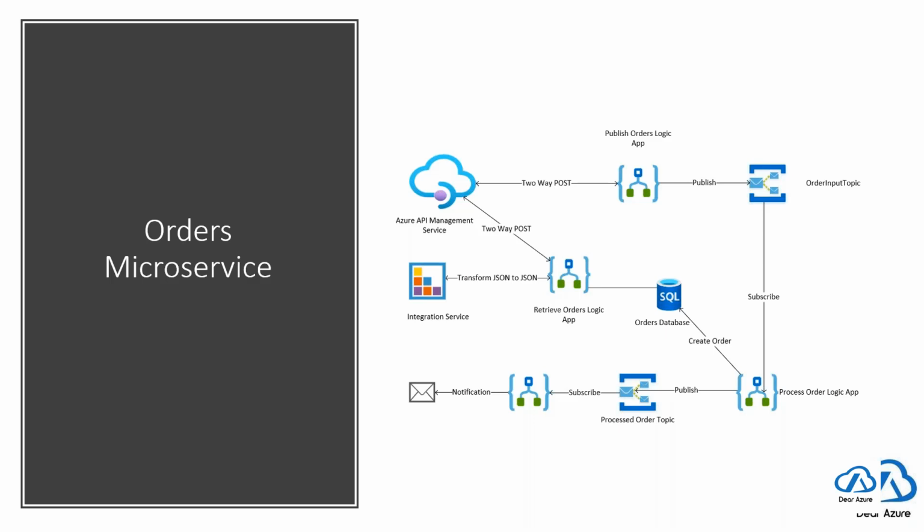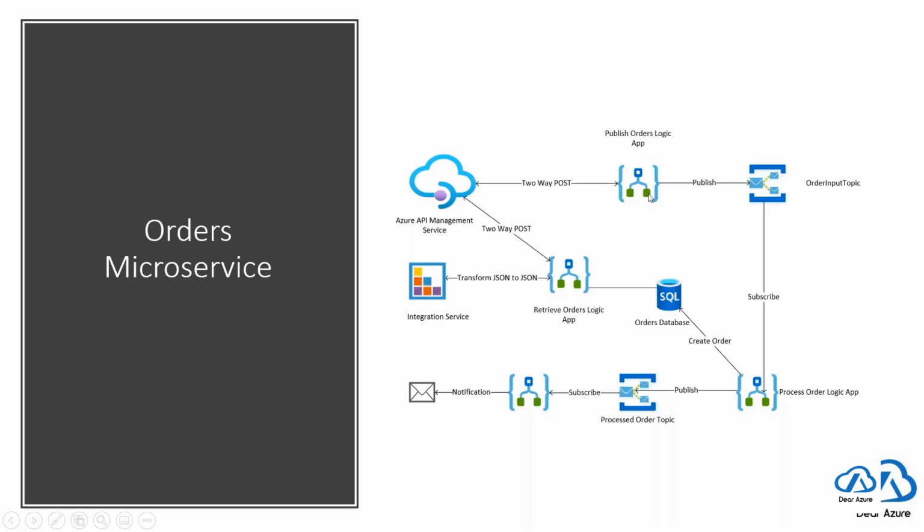One is to process the order and save it to the orders database, and another one is to provide a way to retrieve orders based on the customer ID that we provide. So the first logic app, to create the orders, is broken down like this. We have a publish orders logic app, which is a two-way HTTP post based logic app.